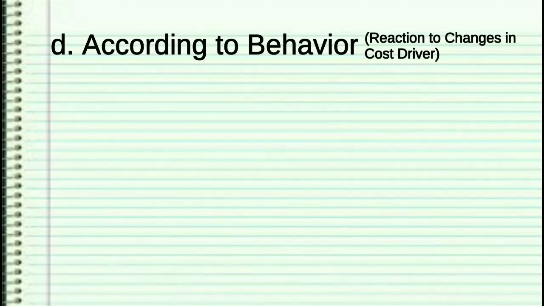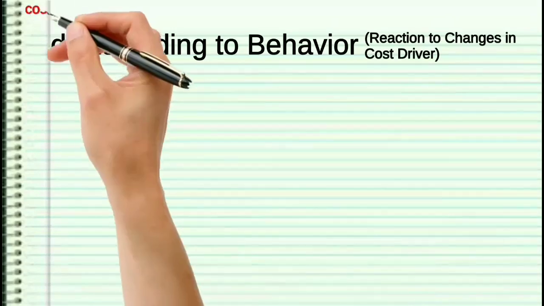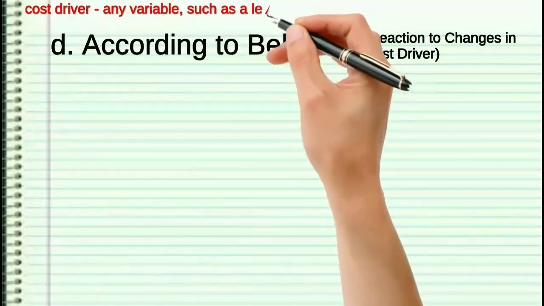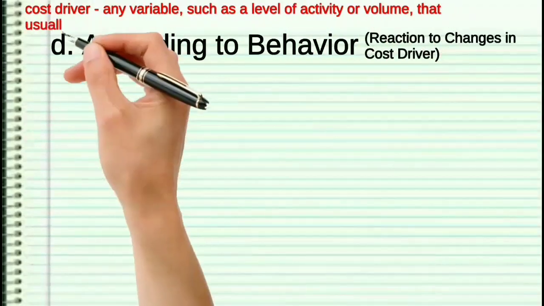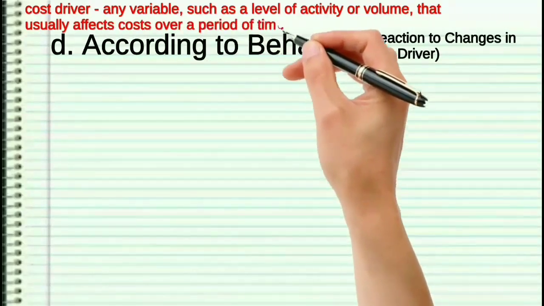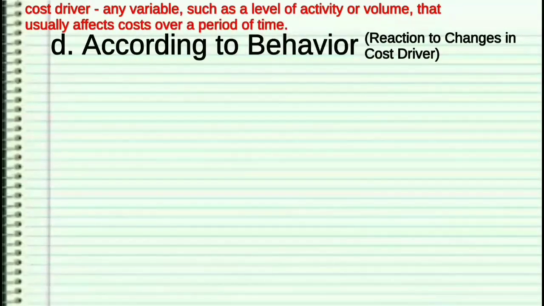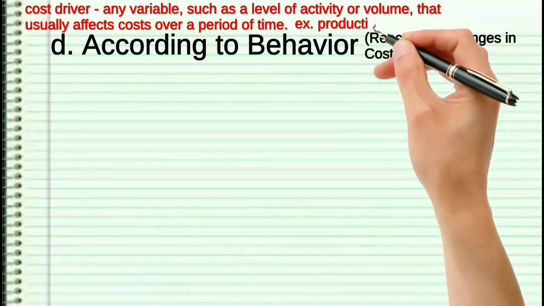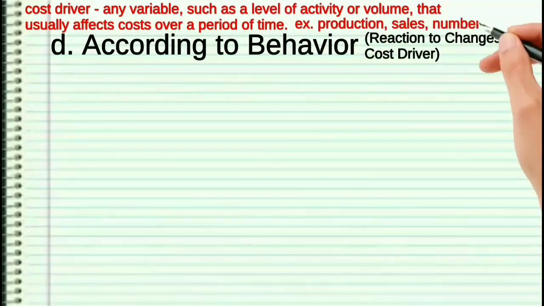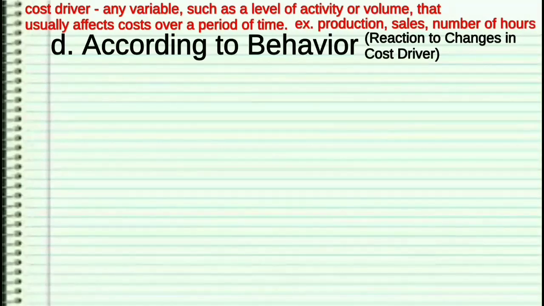At this point, it is very important for you to know what cost driver is all about. A cost driver is any variable such as a level of activity or volume that usually affects costs over a period of time. Examples of cost driver are production, sales, and number of hours.